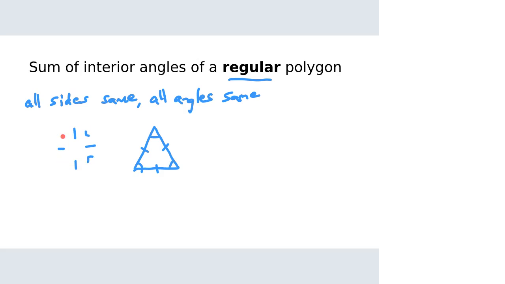What we're going to do is work on a way of finding the sum of all of the interior angles of a regular polygon. So it's all the angles that are on the inside. I kind of just drew those two right there. We drew a triangle, and a regular triangle would be equilateral. It would have three sides and three angles.